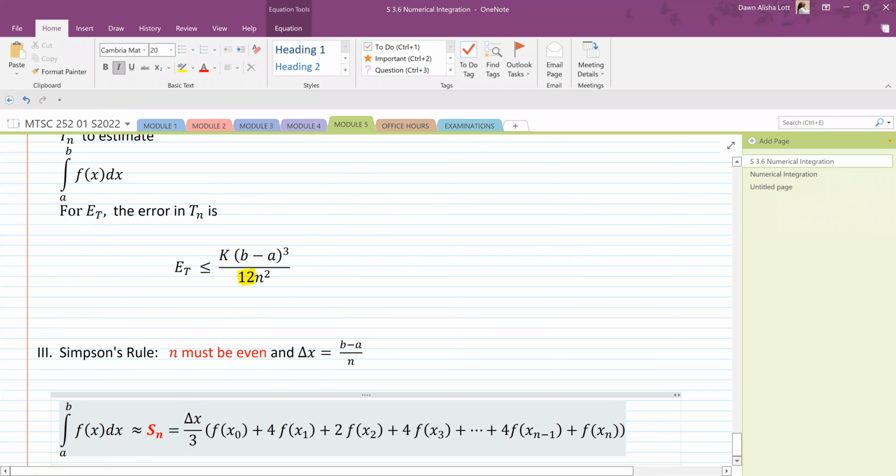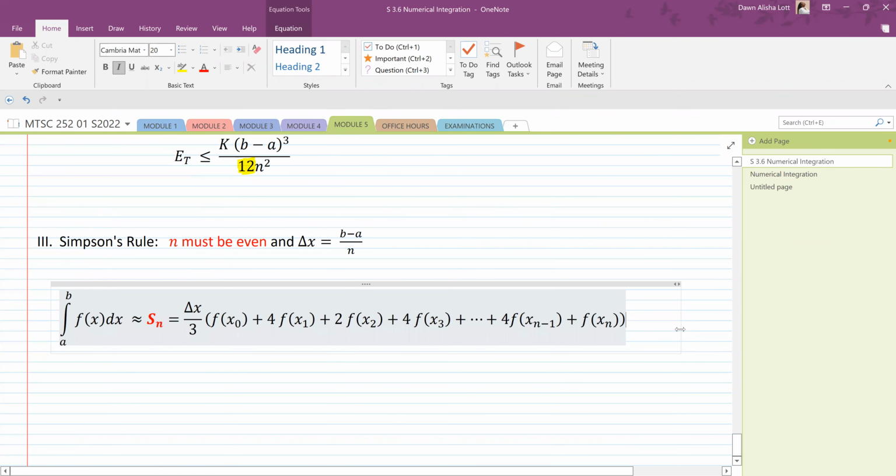For Simpson's rule, again, N must be even. We have delta X over 3. The first element and the last element appear once: f of x naught, f of x n. But in between, they alternate.